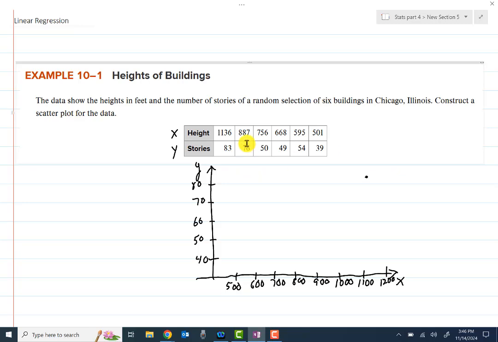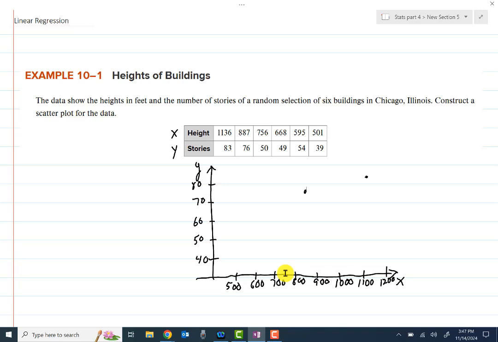Now I'll move on to the next one. When X is 887, we get a Y of 76. So 887 is a little before 900, and 76 will be a little more than halfway in that band. So I'm putting it right about here. Next, 756 and 50.